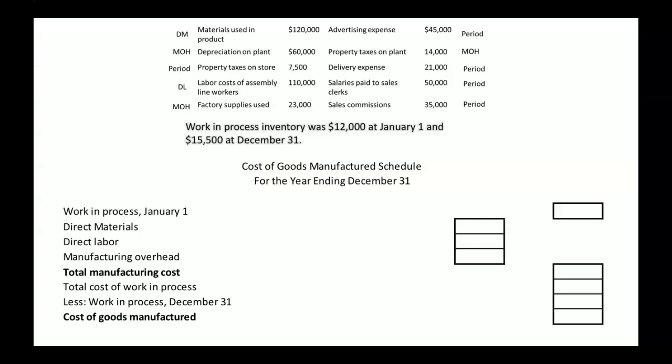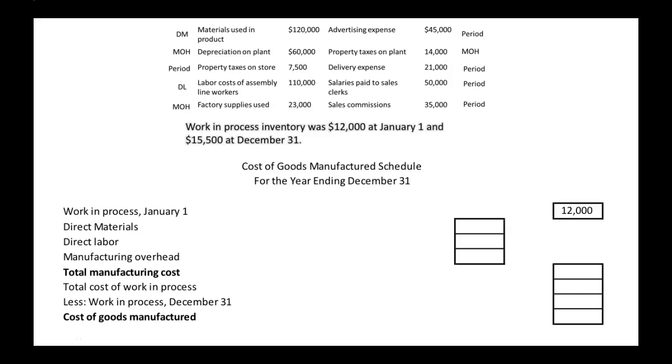So the first part wanted us to compute our cost of goods manufactured. So we have our cost of goods manufactured schedule here on this screen. We start off with our work in process on January 1st. Well, we were told that our work in process on January 1st was 12,000. So we'll put that 12,000 there for our work in process at the start of the year. Now, our direct materials?